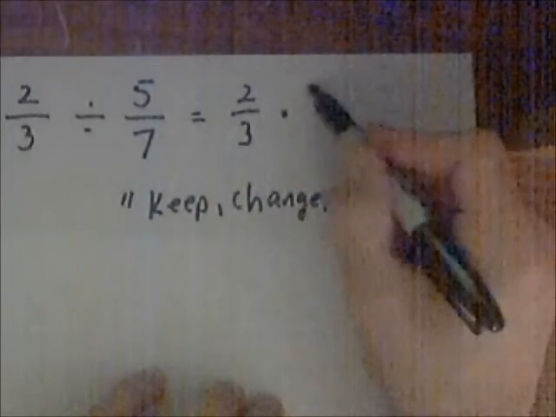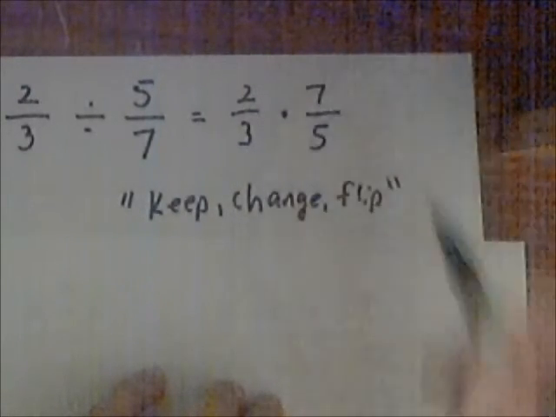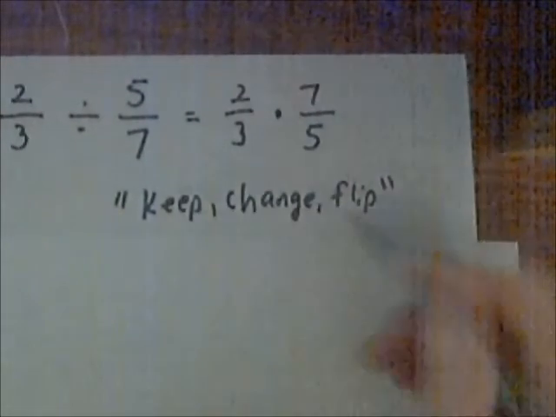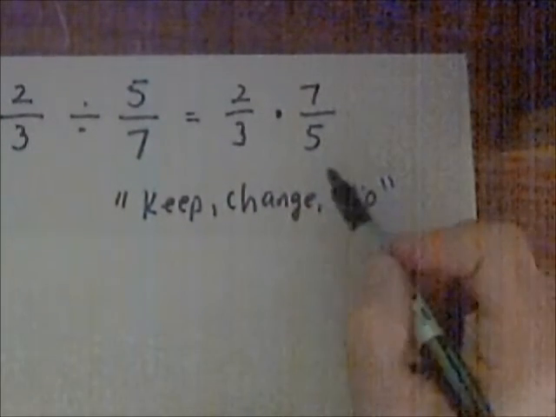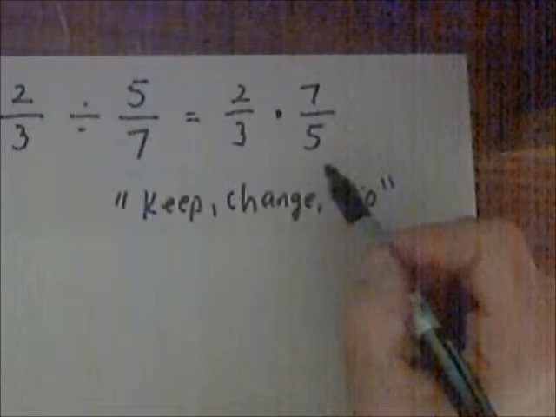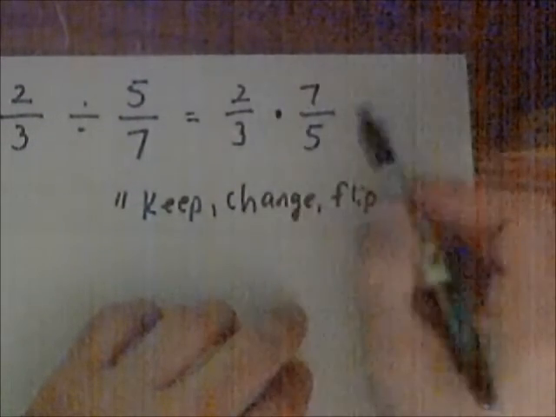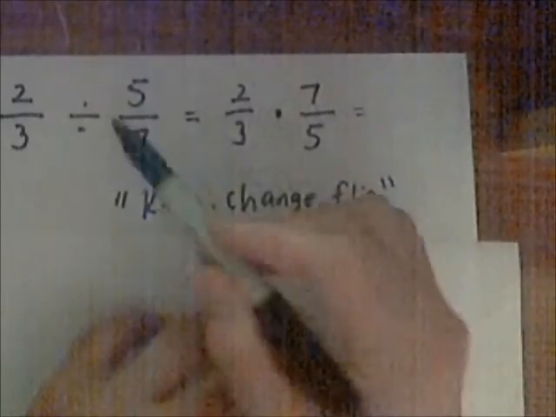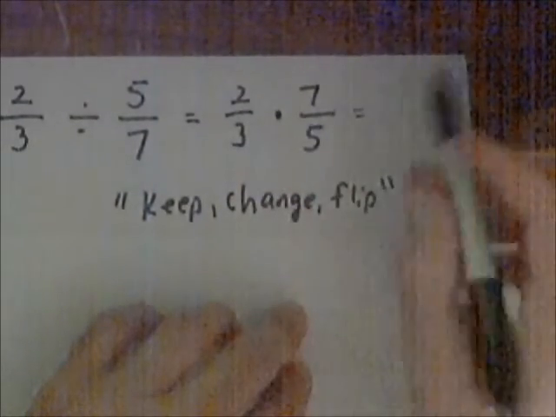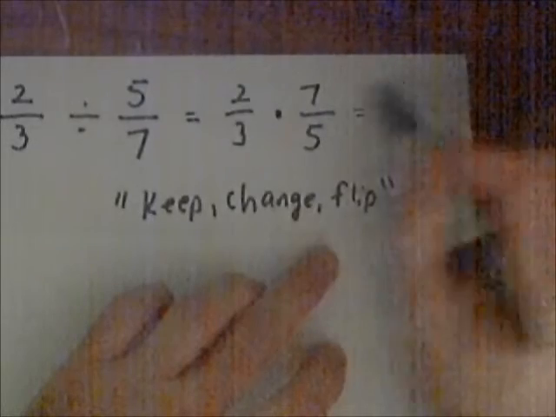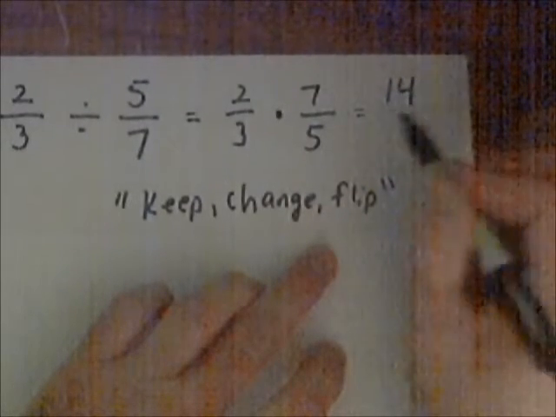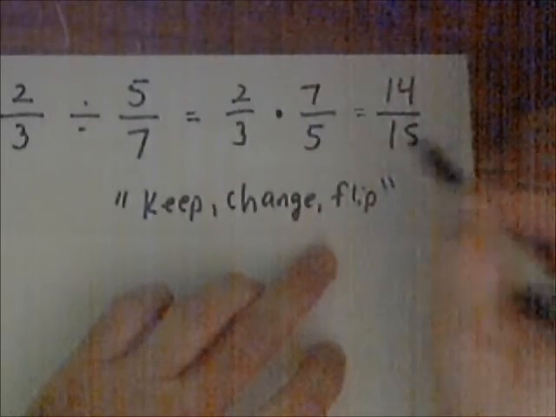And we flip the second fraction. Let's turn that upside down. It's called the reciprocal. And by definition, reciprocals are two numbers that multiply to give you 1. But for a fraction, you just simply flip it. And now we've very quickly changed a division problem into a multiplication problem. And we can just proceed as before. Multiply straight across. 14 over 15.